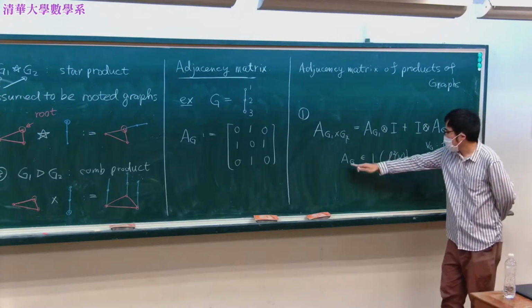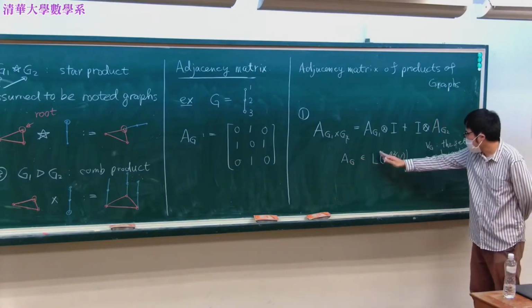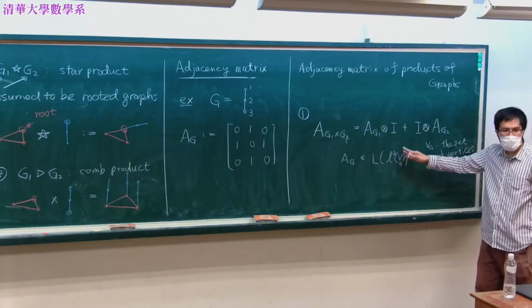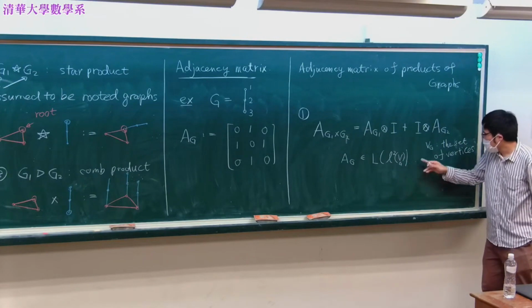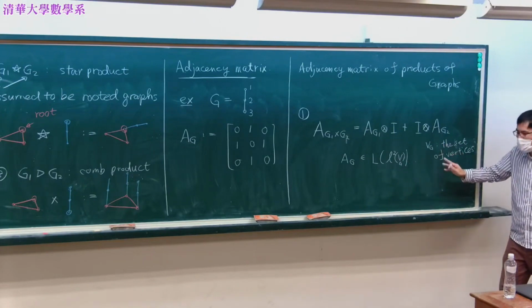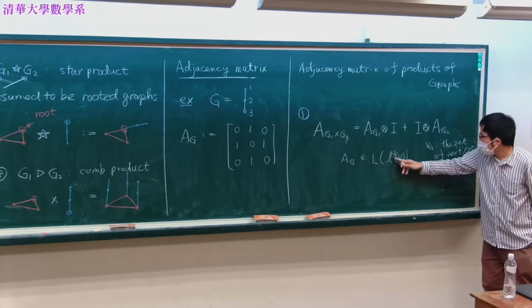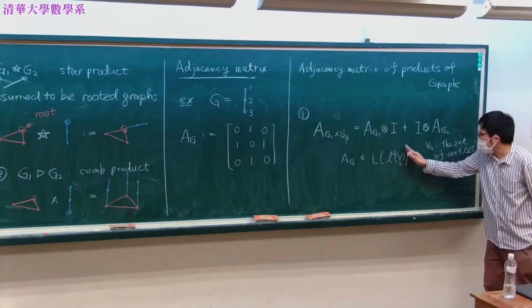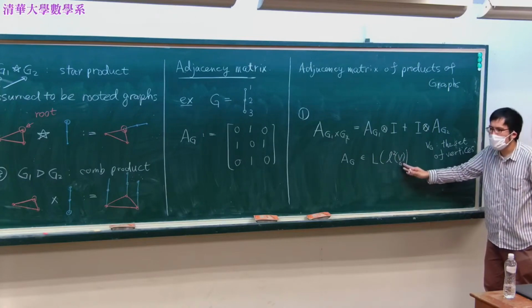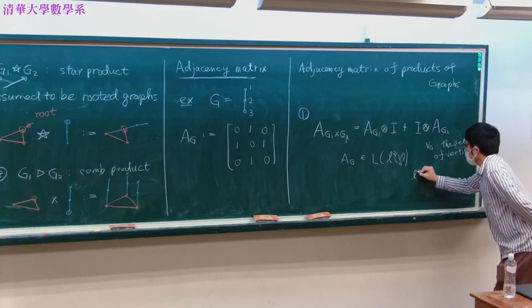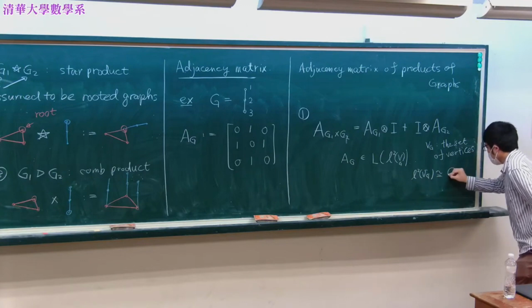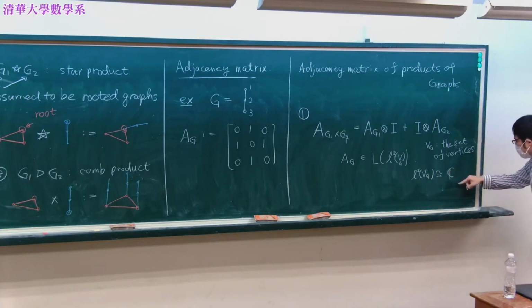Then the adjacency matrix can be regarded as a linear operator on L2(V_G). But of course, when G is a finite set, I write L2, but this is just a function space over a finite set. So this L2(V_G) is just C^{V_G}.